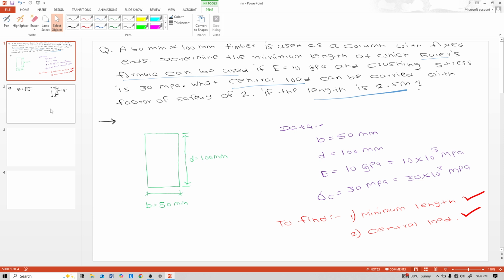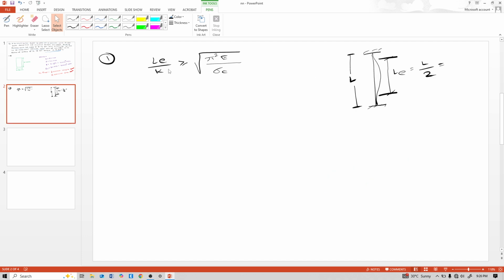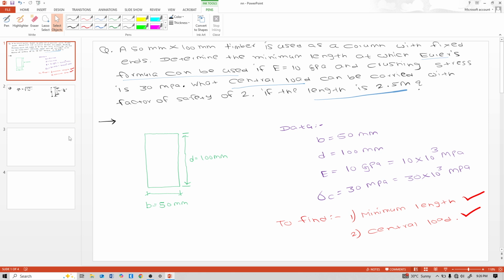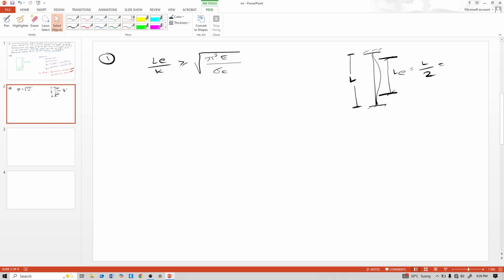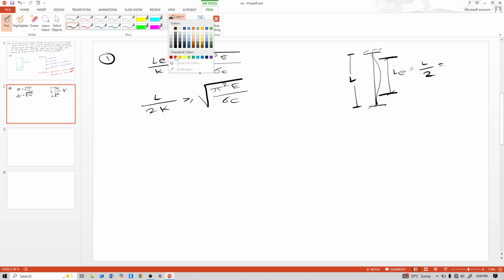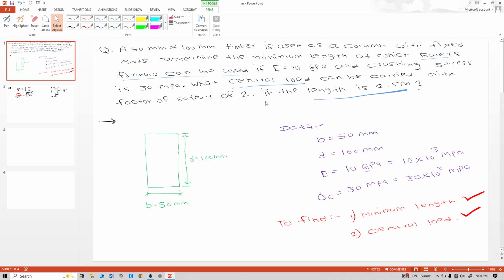So just put LE is equal to L by 2 in this formula, and see, our problem statement here is minimum length. Solving for minimum length: L by 2K is greater than or equal to pi square E by sigma C. Our unknown is this L, because we don't know this L. In this numerical they have given us a length, but that length is for solving the central load only, and another problem statement is minimum length.